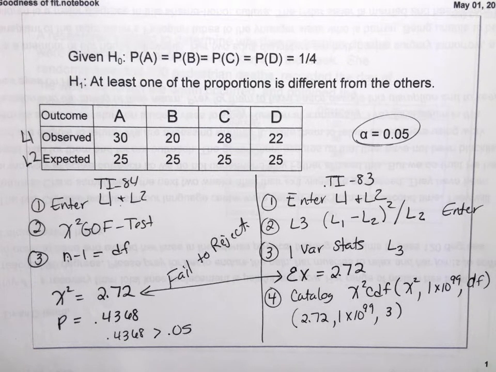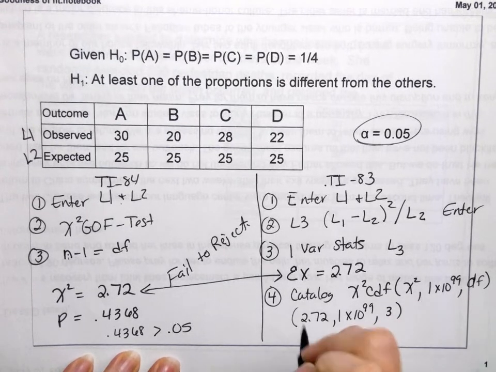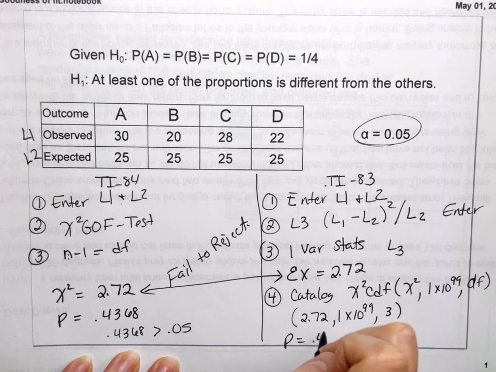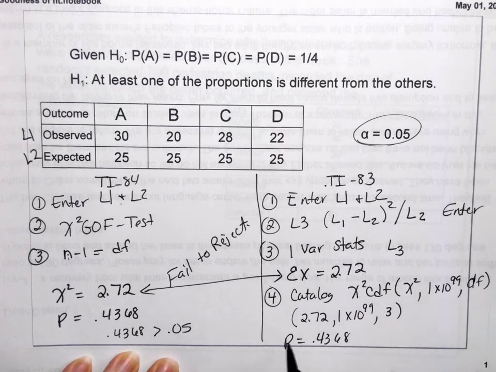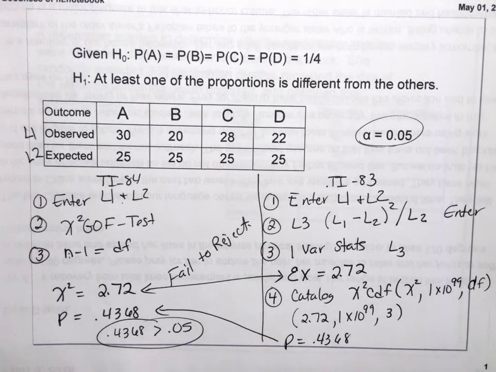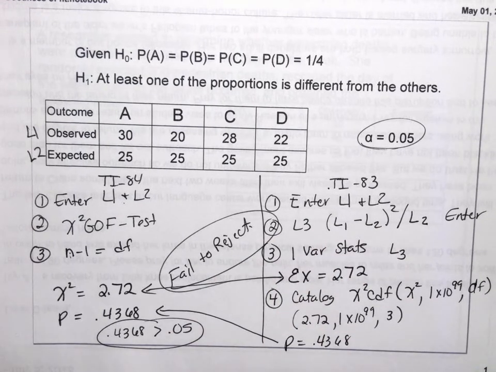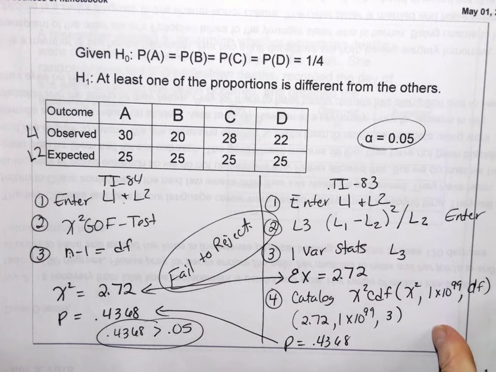Close your parenthesis, and you have your p-value, 0.4368. Look at that, it matched up. Same result. 0.4368 is greater than 0.05, therefore you would fail to reject, the same as before. Yes, a couple of extra steps, but you will get there just the same.